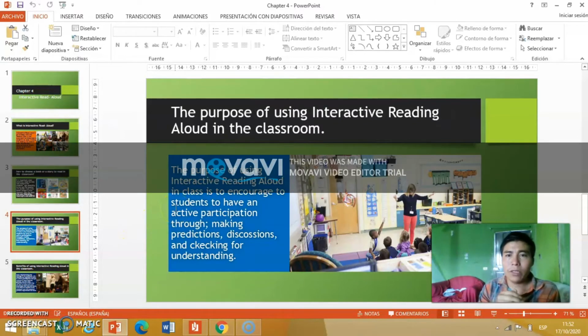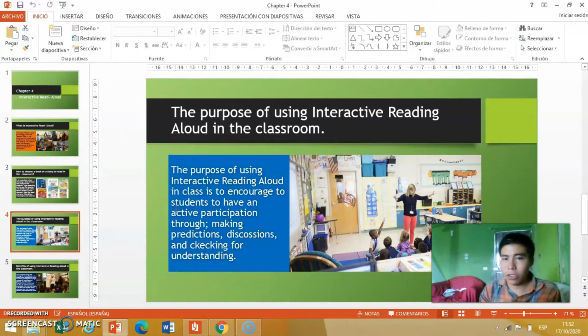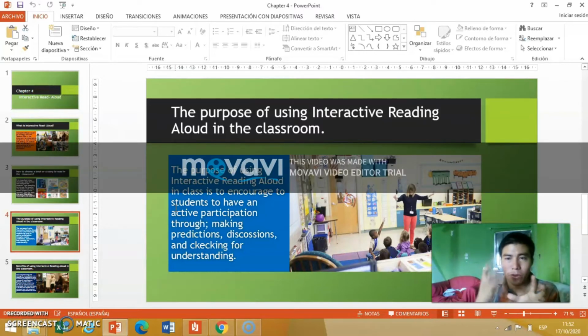The purpose of using interactive read aloud in the classroom is that the students are encouraged to have active participation through making predictions, discussing in groups, and checking for understanding. In this strategy, the teacher asks questions to the students.